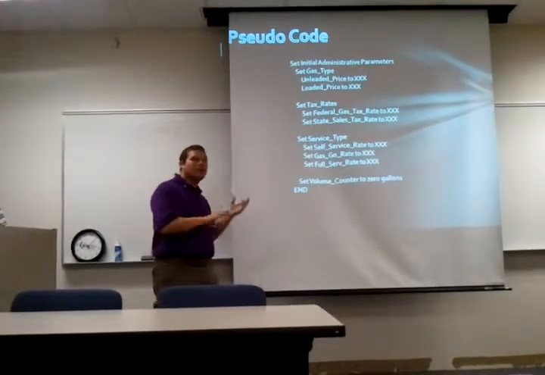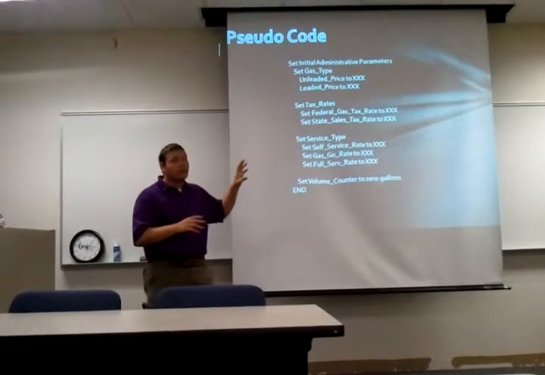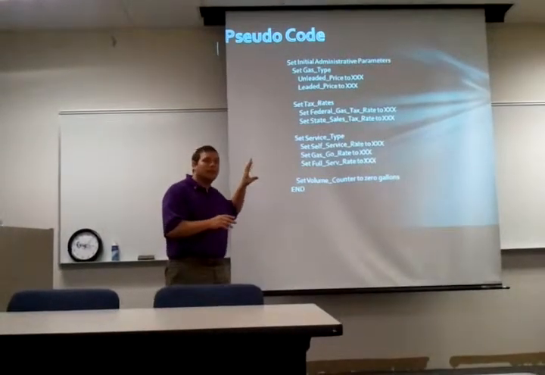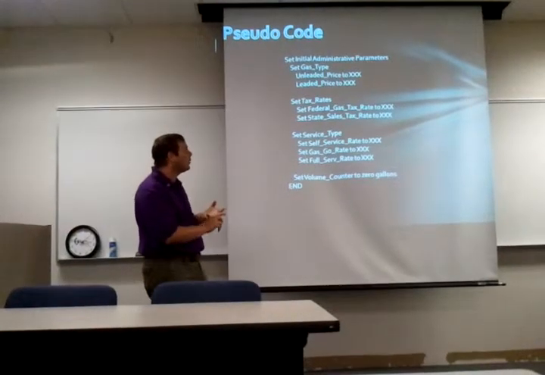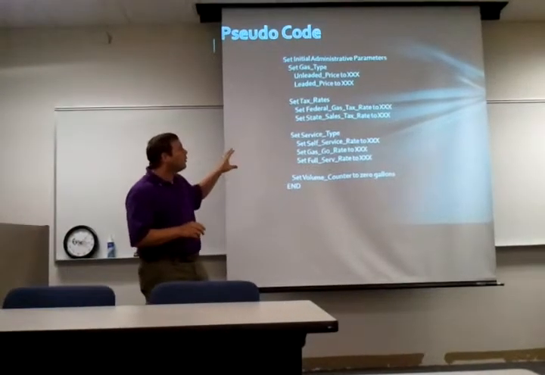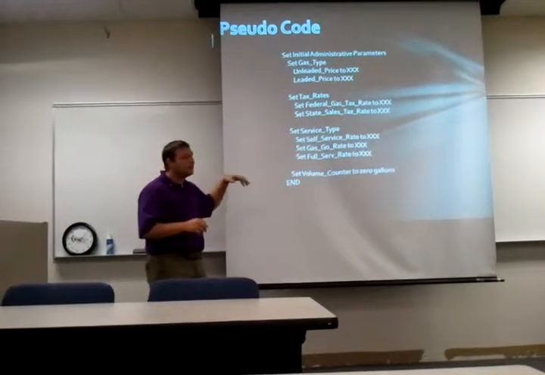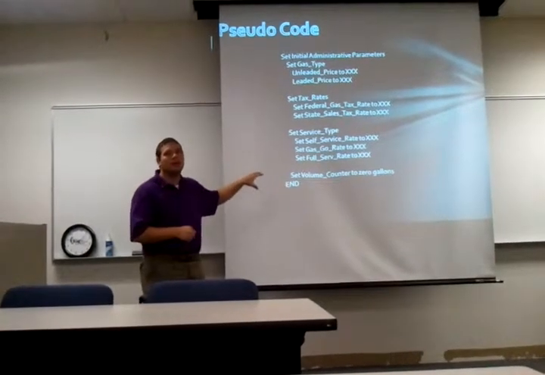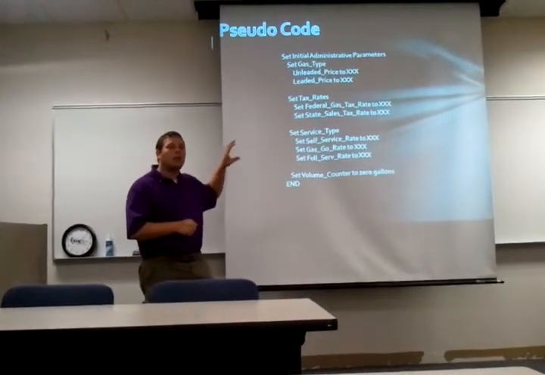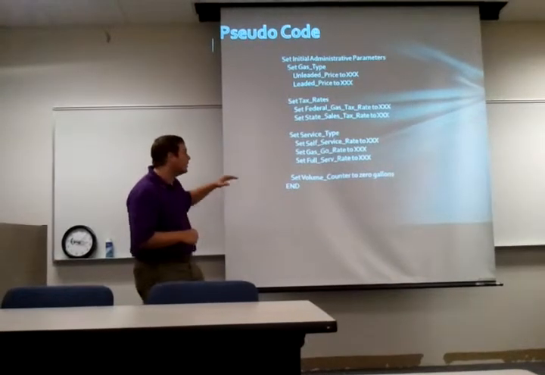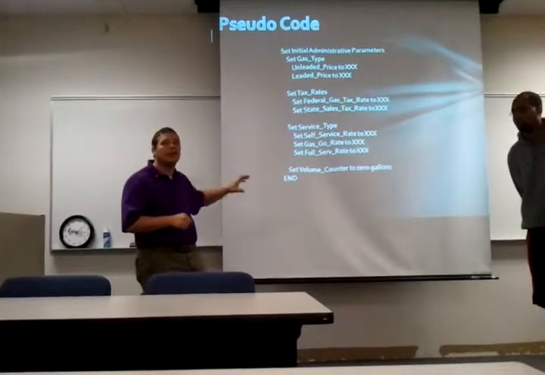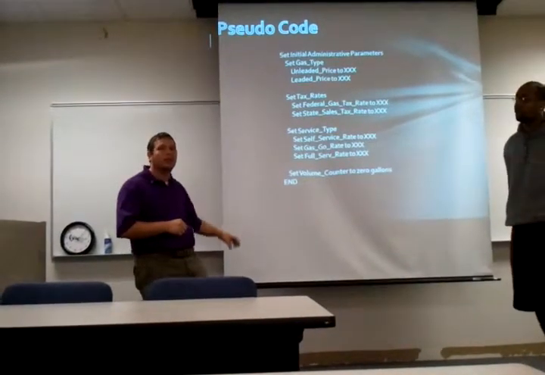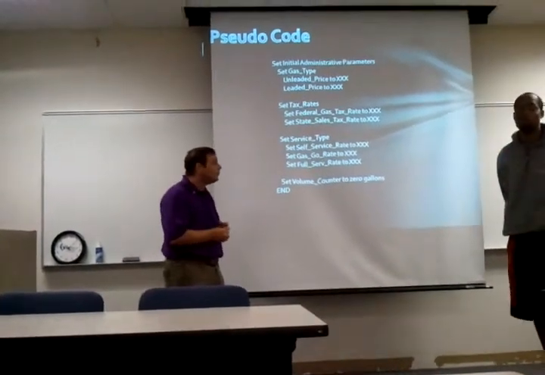Basically, these are the variables that are changeable by the administration people: the cost of the tax, what the price is. The reason why we did it this way is we set the variables only in one location. So throughout the whole process, the variables are used, and we only have to change them once. We don't have to change them in each different location throughout the code. These are known as global variables.